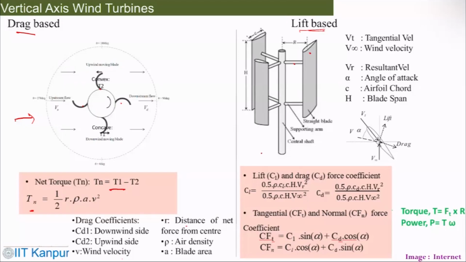At the bottom you will have the generator assembly and all these things. Here you have the tangential velocity, wind velocity, resultant velocity, angle of attack, airfoil chord, and blade span. If you look at one particular airfoil here, then try to see the distribution of the forces.